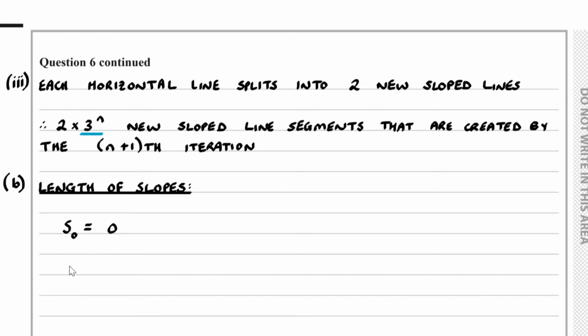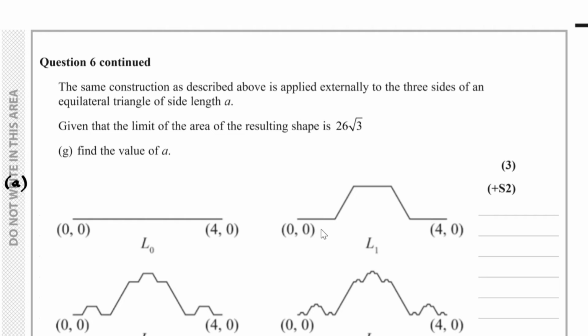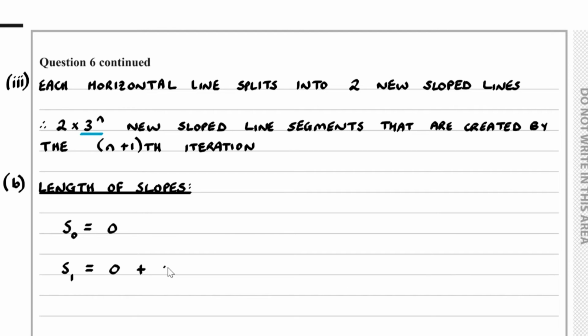If we think about S1, well, we've got our previous iteration 0, and then we add on to this the 1, 2 slopes we've got. So we add on 2 times by the slopes there, which is 1. Remember, each of those segments has length of 1.